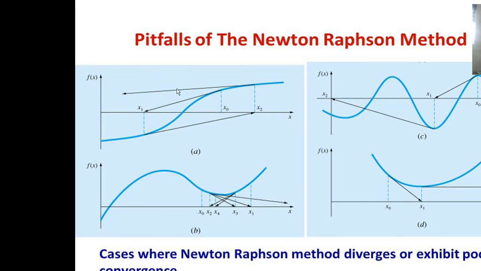Now if we start with x0 as the starting value, and we continue with the process, the tangent meets the x-axis somewhere at x1 and we evaluate the slope again. Now this gets us the x2 point. If we see at the x2 point, this again meets at the x1 point, and this process appears to be a loop where the x1 and x2 values will keep on repeating themselves without actually converging on this root, which is a real root.